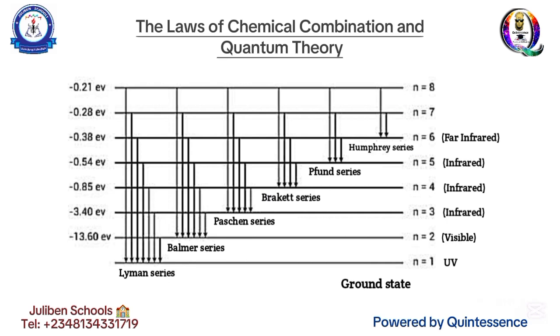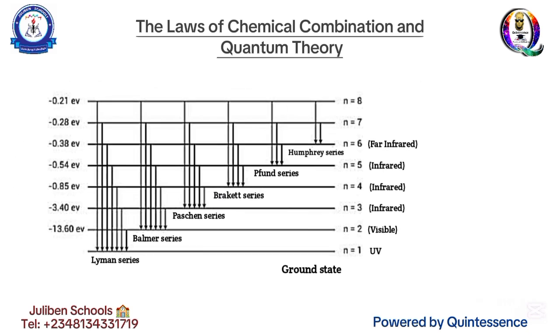Then it is also important for you to know the energy in terms of electron volt at each of these energy levels, right? The first energy level is minus 13.6 electron volt. The second energy level is minus 13.6 all over 2 squared electron volt. The third energy level is minus 13.6 all over 3 squared electron volt.